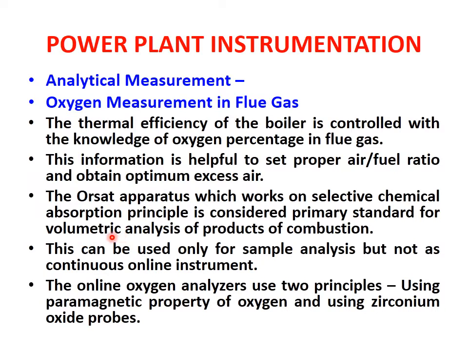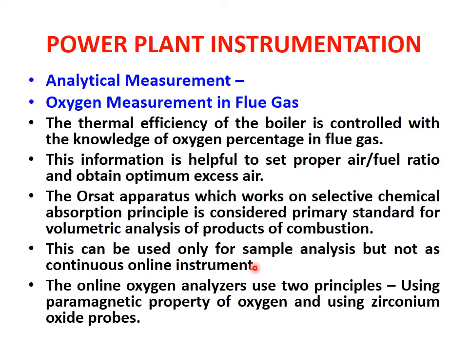There are two types of analysis here: gravimetric analysis and volumetric analysis. This Orsat apparatus can mostly be considered for measuring the volume percentage. Suppose there are 10 products of combustion; then this volumetric analysis will give us the exact measurement of the various products of combustion in that particular exhaust sample.